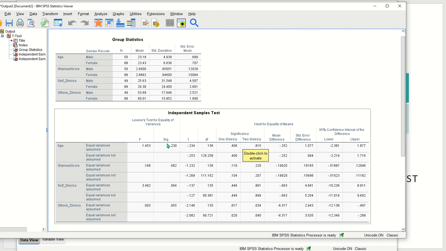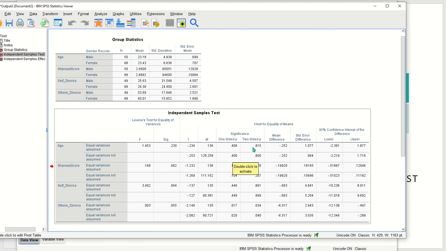And so, just to repeat, if the first significance test for Levene is not significant, you look at the significance score over here. If this was significant, you would drop down to the next one where it's equal variances not assumed. And then you would look at the significance level here, whether you're using a one-sided or a two-sided.